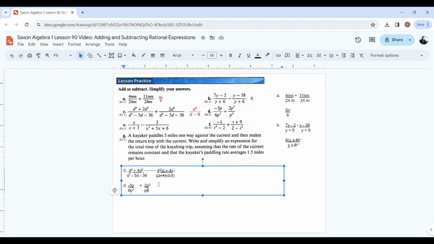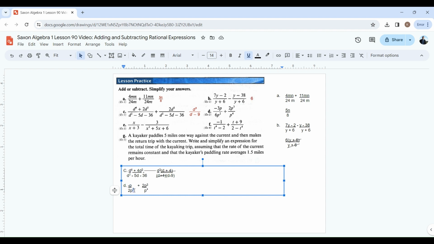Okay, now I'm going to see if I can reduce anything out of these fractions. On this one, negative 3 on top and 6 on the bottom, I can cancel a 3 out. It becomes negative p on top, and canceling a 3 out of 6, I get a 2 on the bottom. Okay, so that helped. It didn't solve any problems, but it probably helped. I notice I have a p on top and a p on the bottom here.